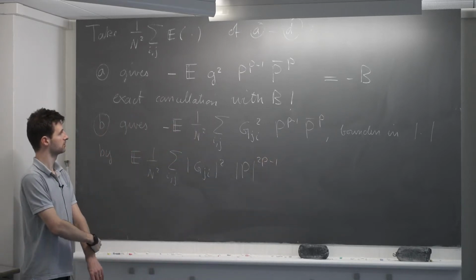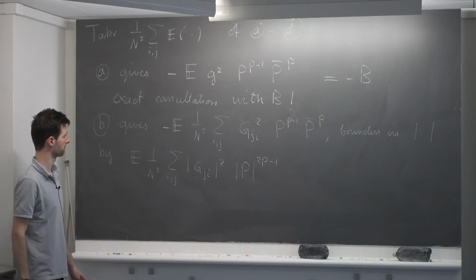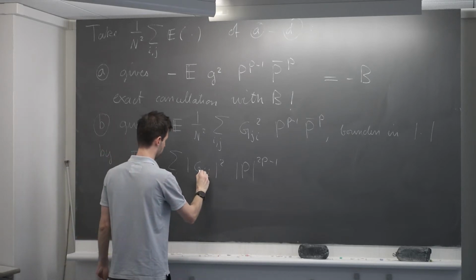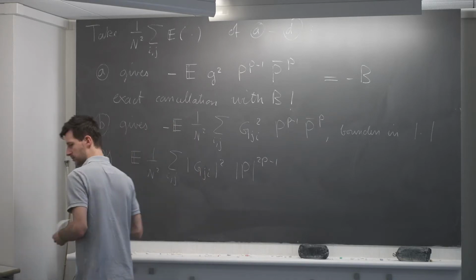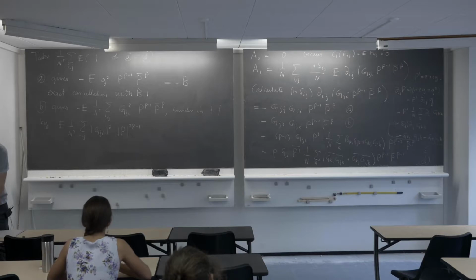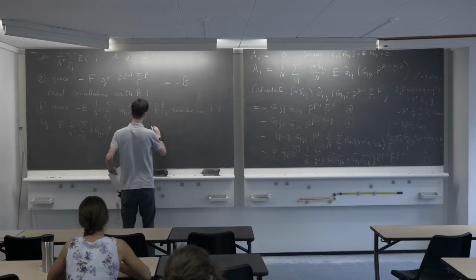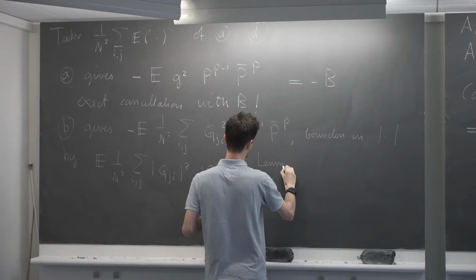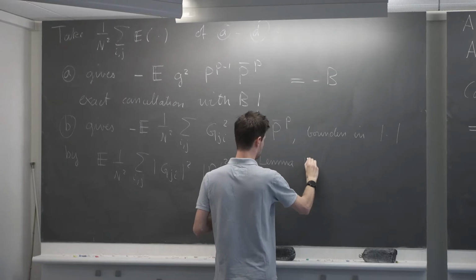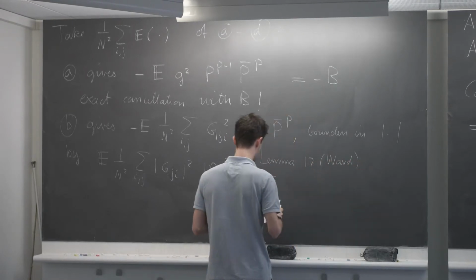If I take the absolute value of these P's, I get |P| to the 2p minus 1. And now I can use the thing we always use to estimate these kinds of things, which is the Ward identity. This is Lemma 17, which we call the Ward identity.